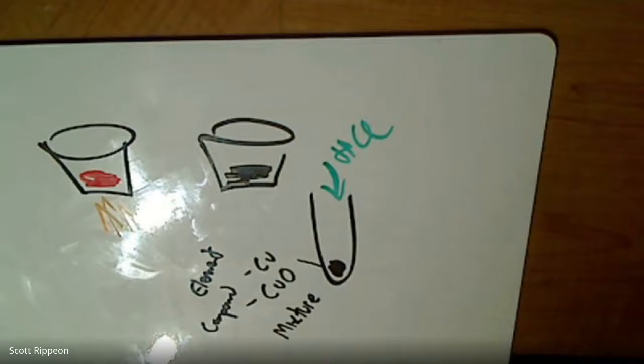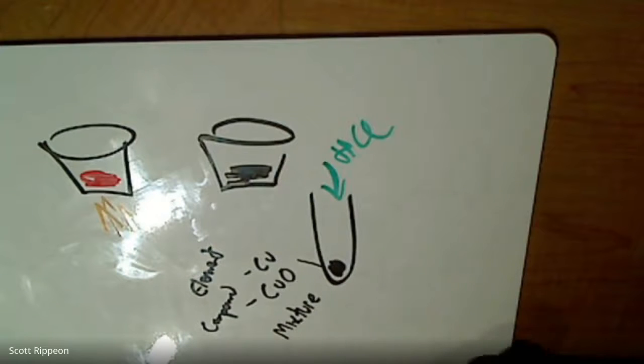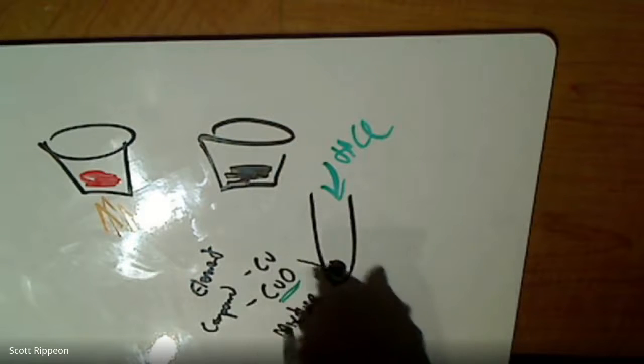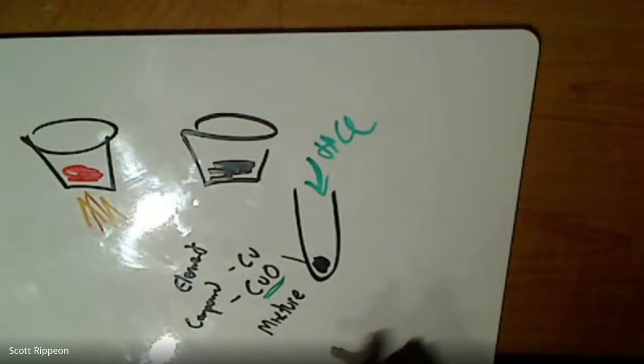When we put the HCl in, the HCl will possibly dissolve one of these but not the other. HCl will dissolve copper oxide, but it won't dissolve copper. And you'll see that in the demonstration. That's the entirety of lab 6.7, just adding hydrochloric acid to the copper oxide and copper mixture.